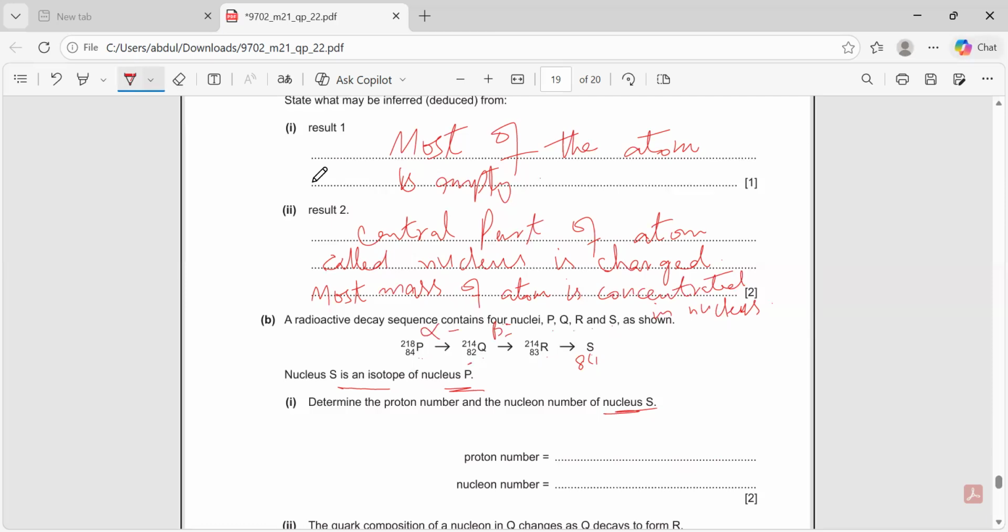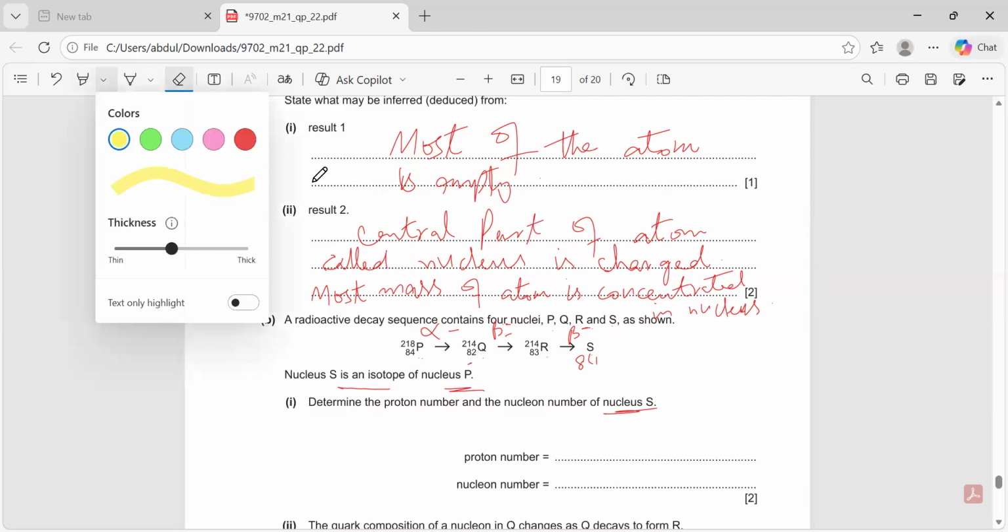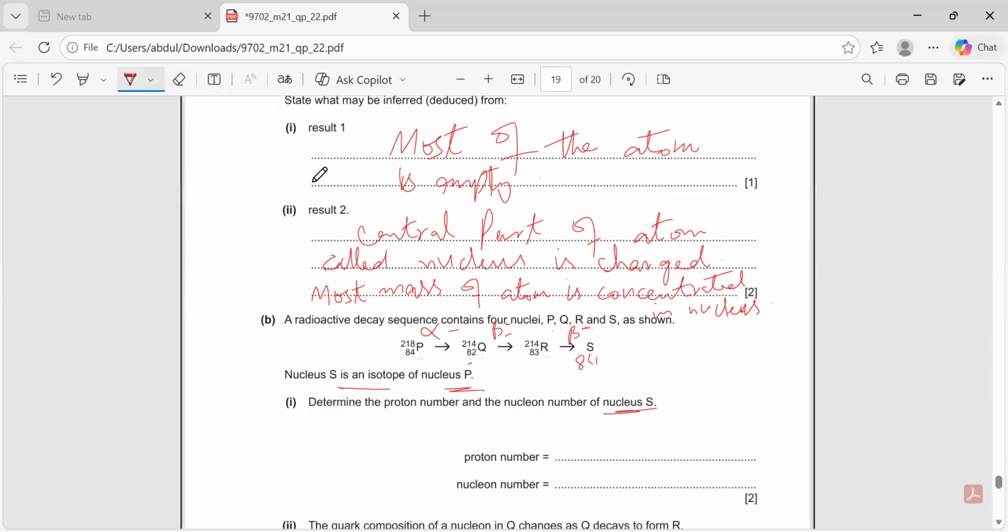And then 83 has become 84, so again there is beta minus decay. This nucleon number will not be affected. It will stay 214 because when beta is decaying, beta has negligible mass. So S will be the same, 214.